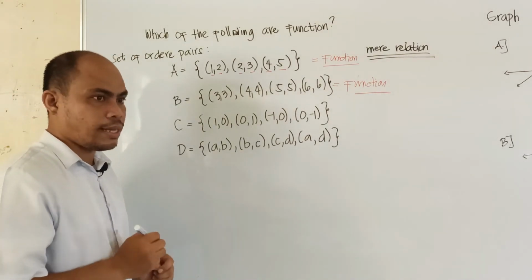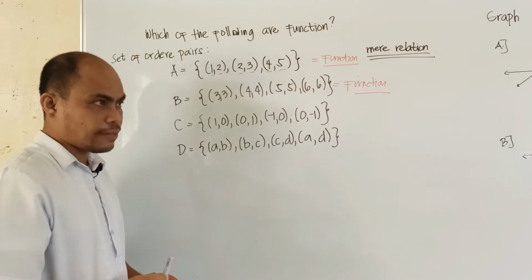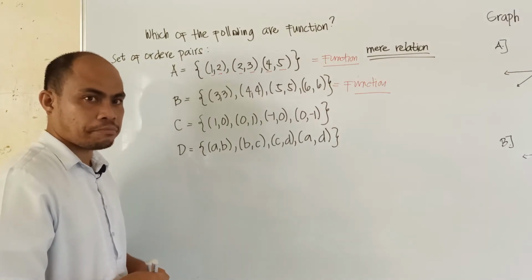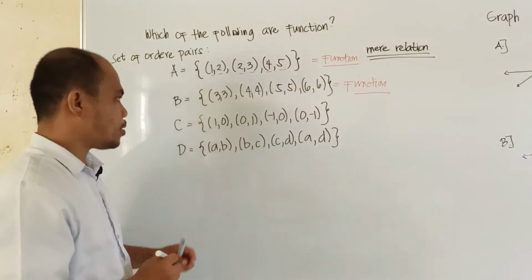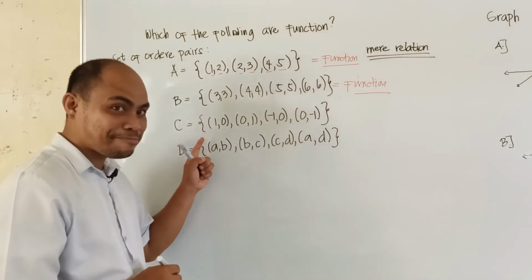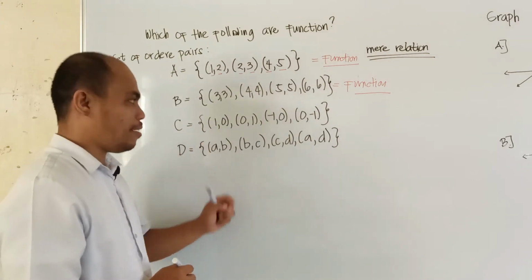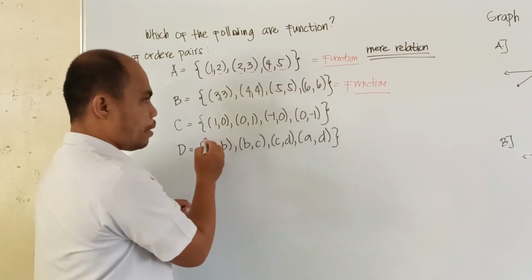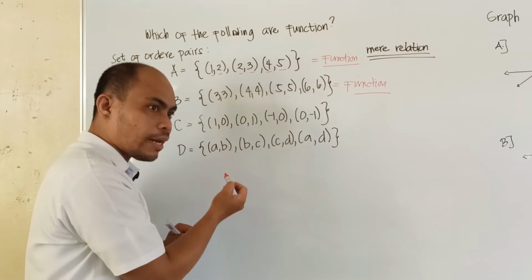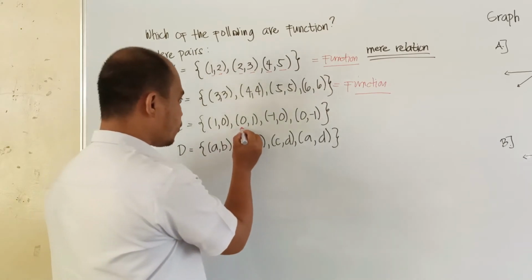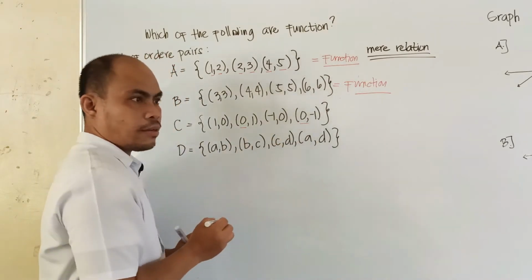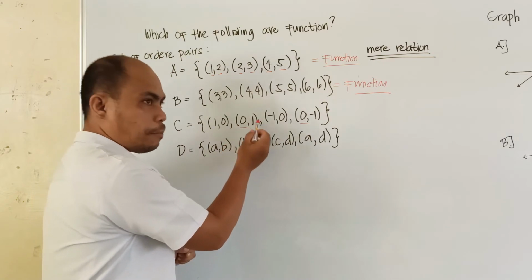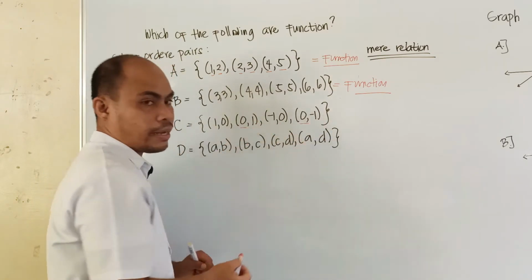How about letter C? Is set C classified as a function? Yes, or not? No. Why? Because is there a domain that is repeated? Yes, this one. The domain is paired with 1 and also paired with negative 1.